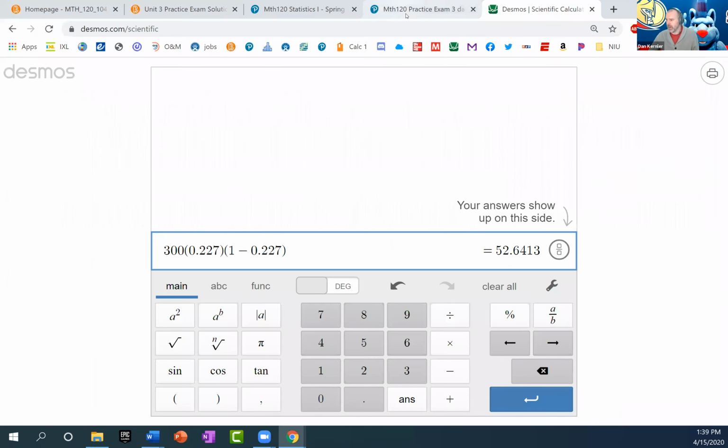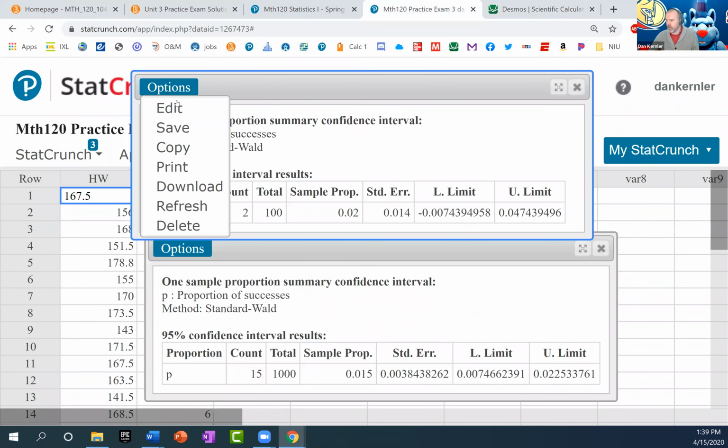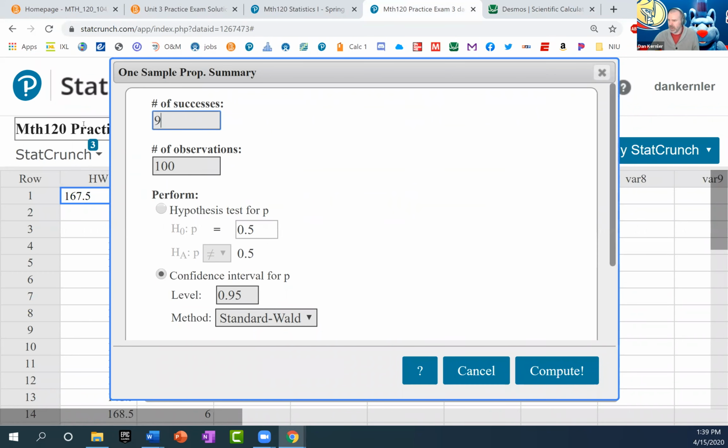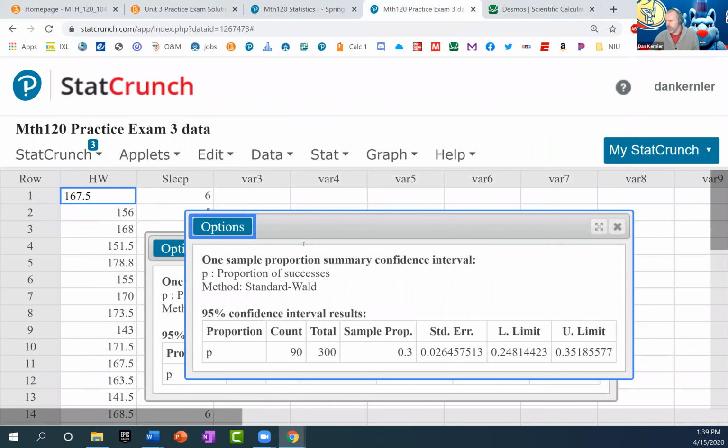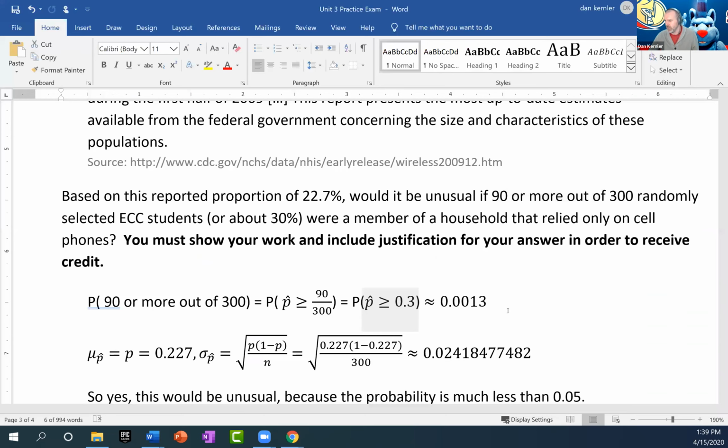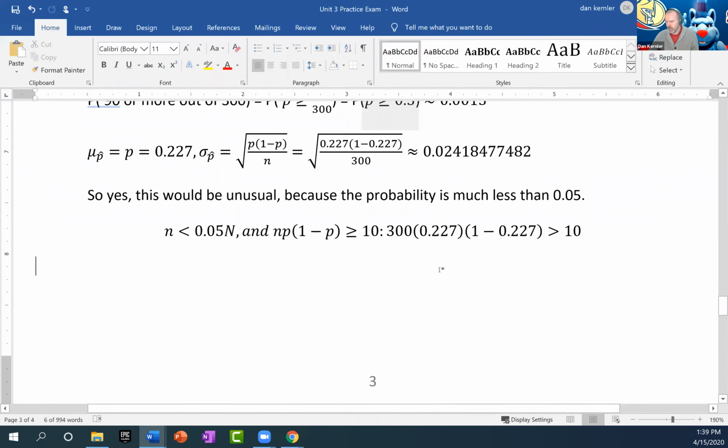But let's do that. I'm just going to erase one of these options, and enter 90 out of 300. So look at this. The lower limit is 24.8%. The upper limit is 35.2%. So the 95% confidence interval is 24.8% to 35.2%.